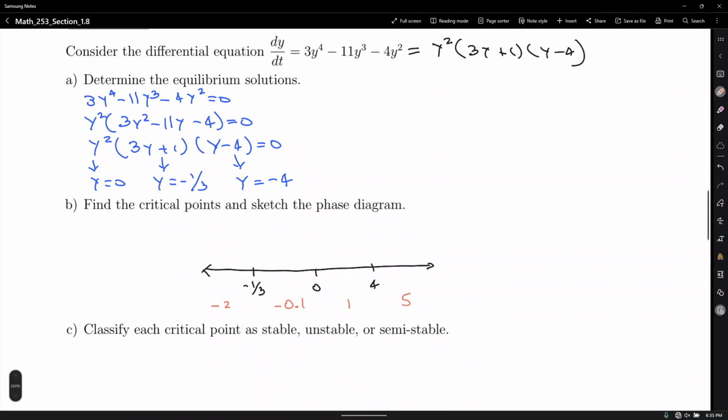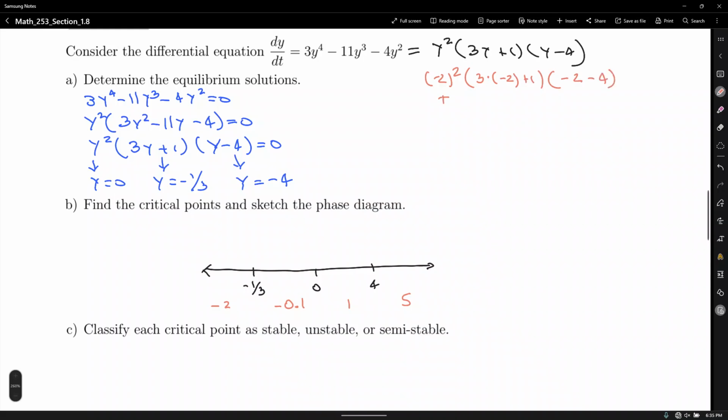For the differential equation, -2 quantity squared is always positive, and then 3 times -2 is -6. Let me do the whole thing: -2 squared times (3 times -2 plus 1) times (-2 minus 4).